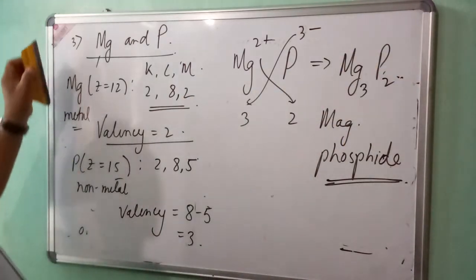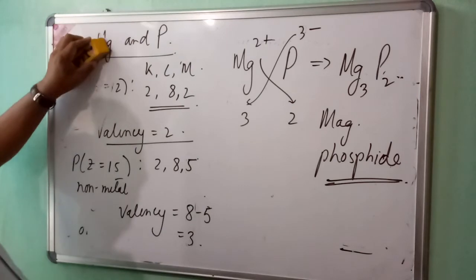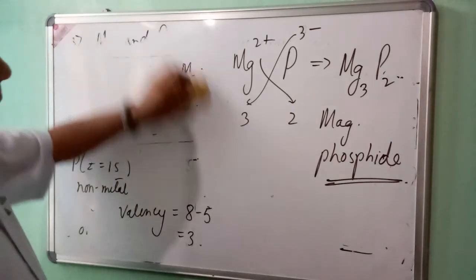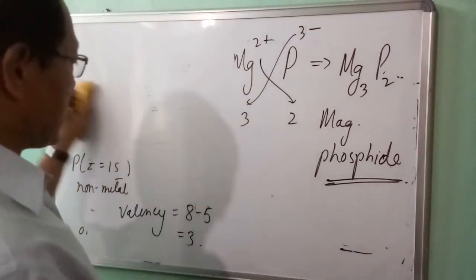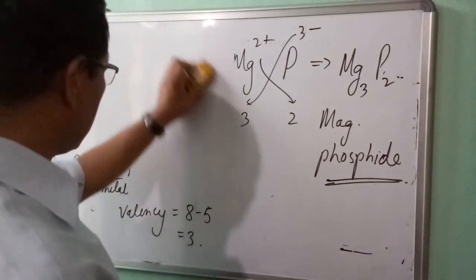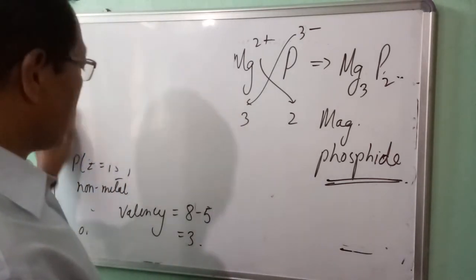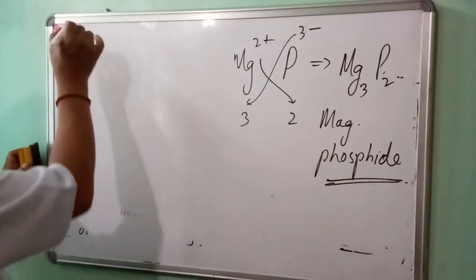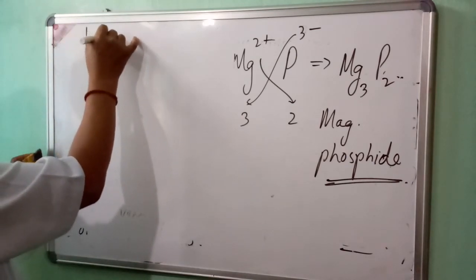In order to draw the Lewis structure, we write the Lewis symbols of the respective elements.